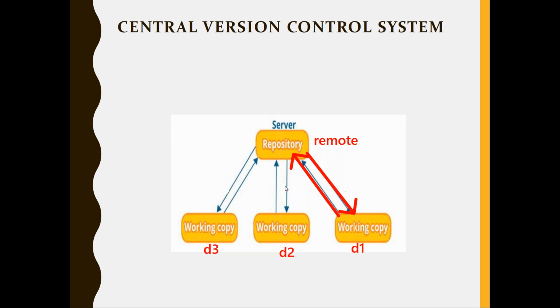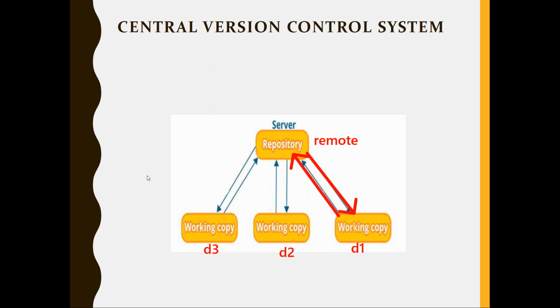There is a drawback with this kind of architecture. If for some reason there is no network connectivity or the network is disconnected, the entire work will be halted. They cannot work because they were connecting to the remote and working on it. So this architecture definitely needs a network connection always. That's one drawback.